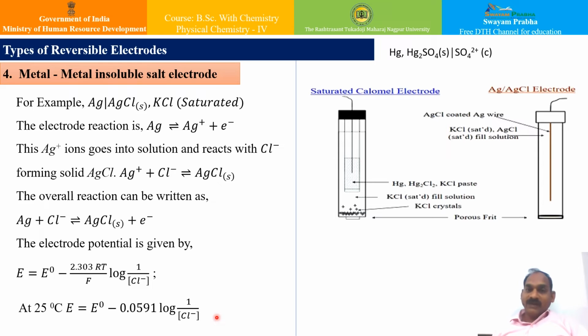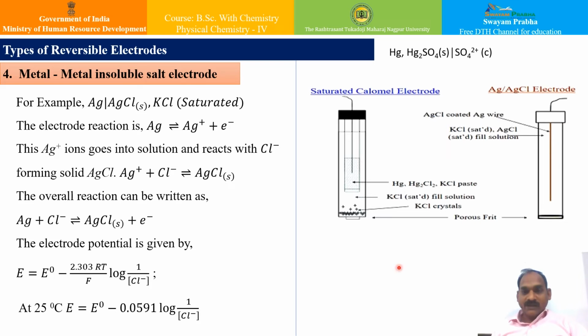I can take another example of this type. Another example of a metal insoluble salt electrode is the mercury sulfate electrode, that is Hg2SO4 in contact with SO4 2 minus. So I have shown you this particular electrode which I have discussed over here. This is the silver chloride electrode here.